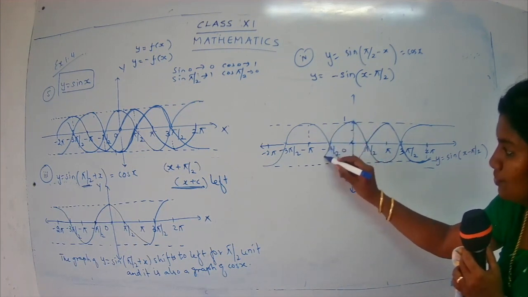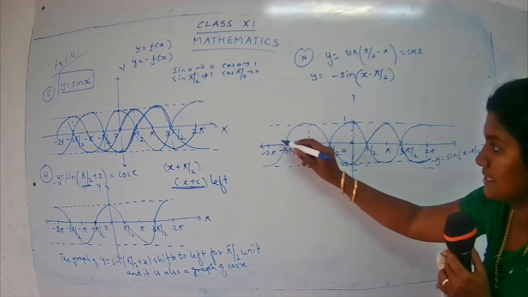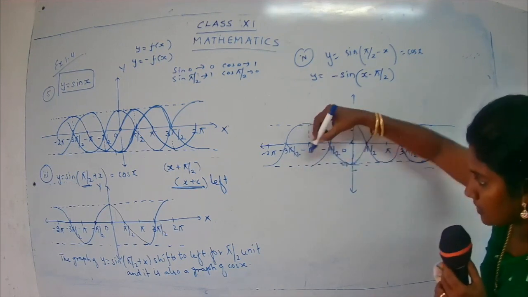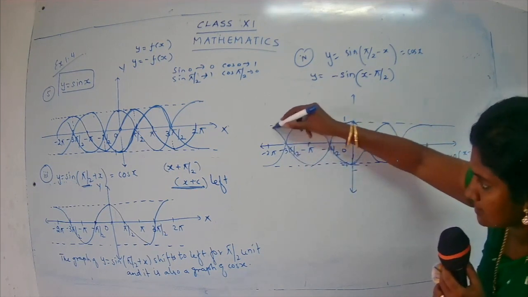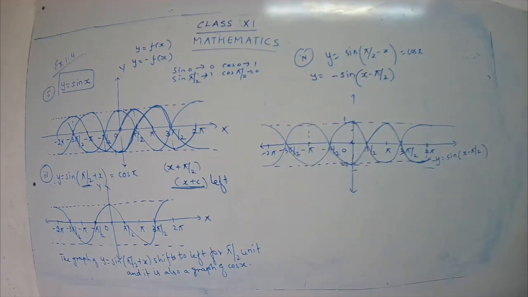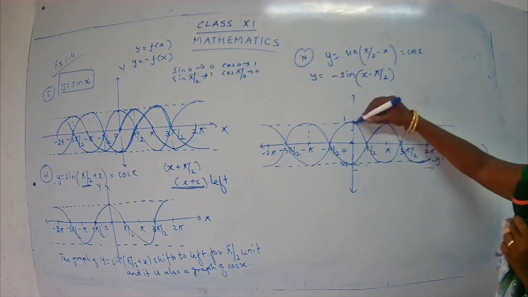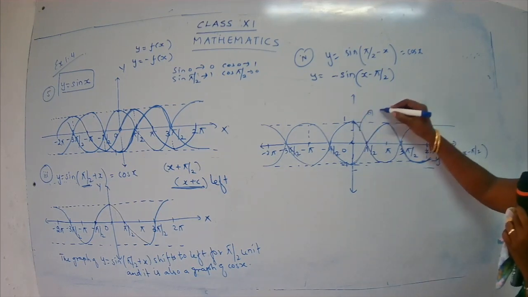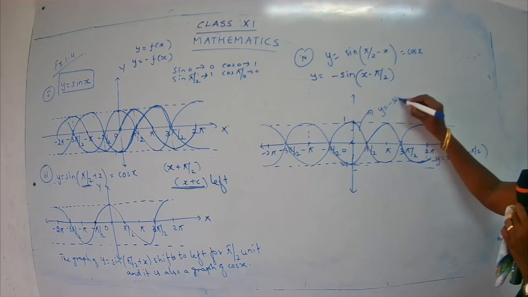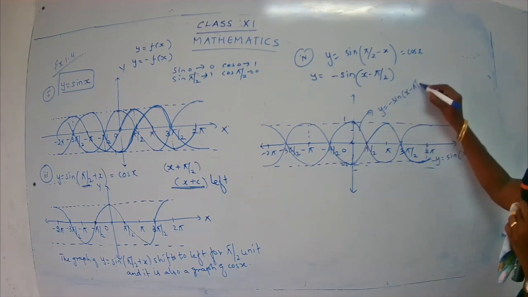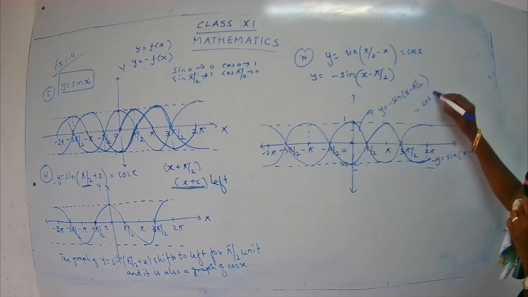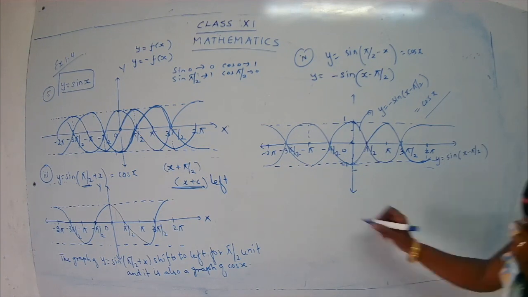The first one was the direct. I have done it directly, so you don't need to do it directly. We'll show the step. Yes, it goes like this. Yes, done. So see, I am getting a graph of cos x. So this is y is equal to minus sine x minus pi by 2, which is also equal to cos x.